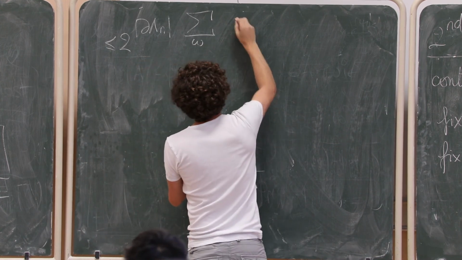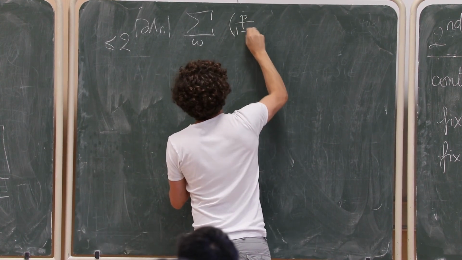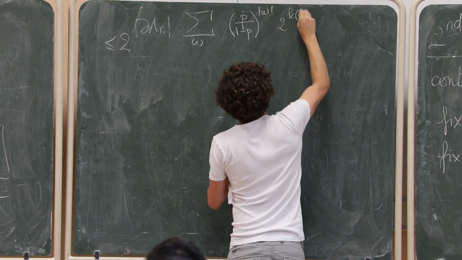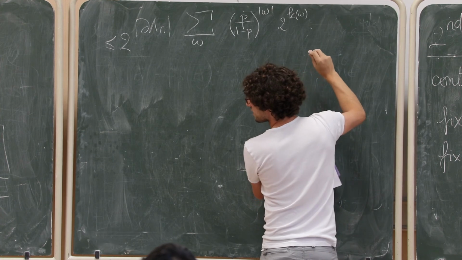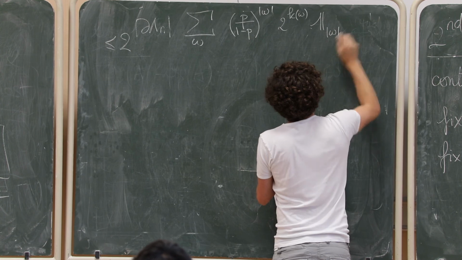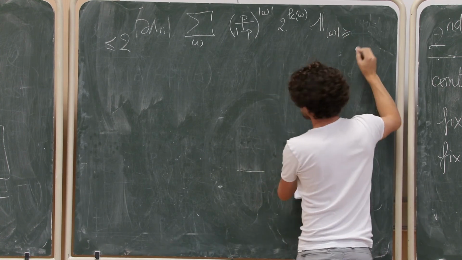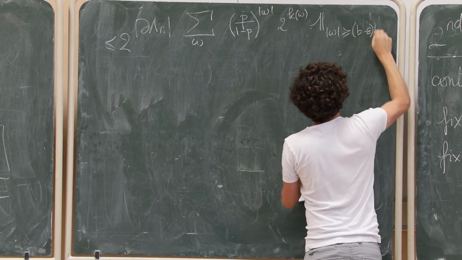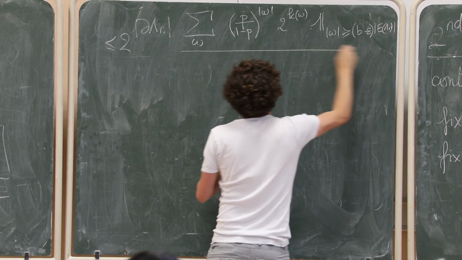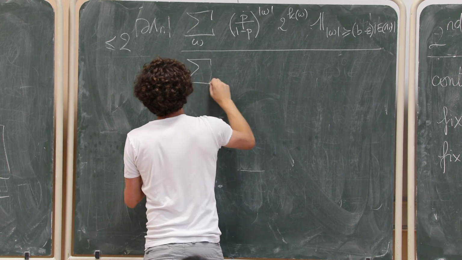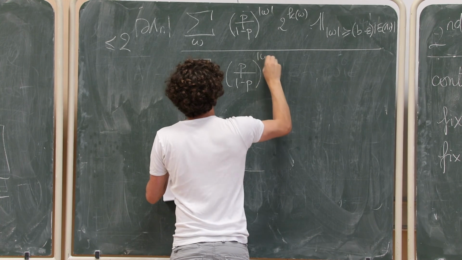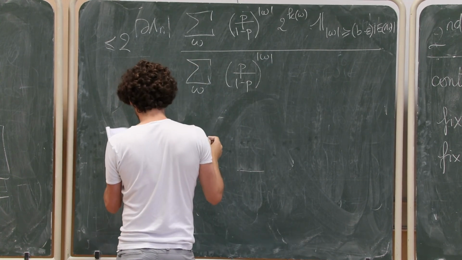Sum over omega of p divided by 1 minus p to the number of edges, 2 to the number of clusters, and here I get an indicator function of the number of open edges larger than b minus epsilon e of lambda n. And I need to divide by the same thing, p over 1 minus p to the omega. These are p prime, right?